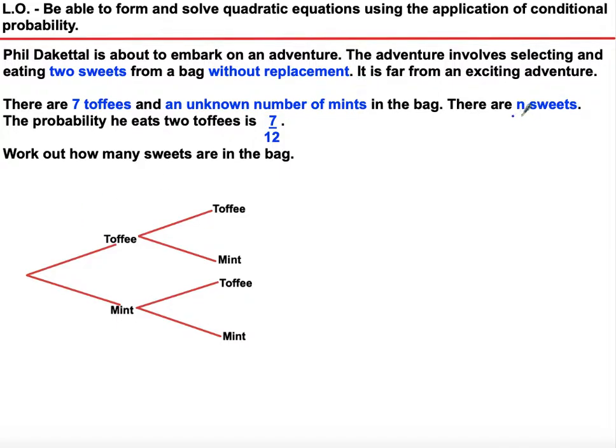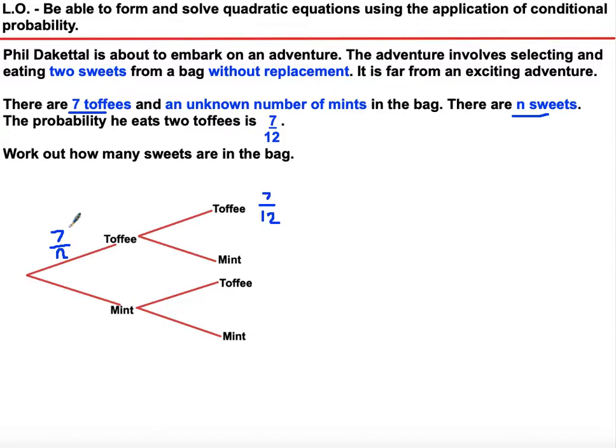However, we have n sweets and 7 toffees, so the probability of picking a toffee is going to be 7/n. Now we're focusing on the probability of eating 2 toffees because we have the probability for that outcome, 7/12. So we can look to assign a probability to the second toffee.